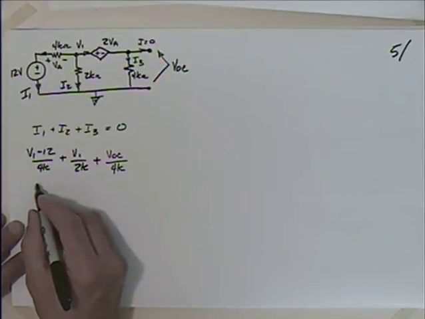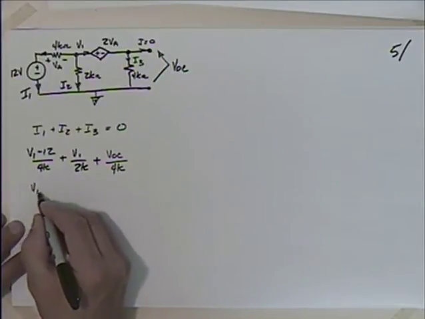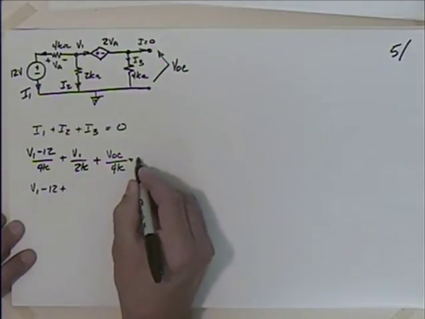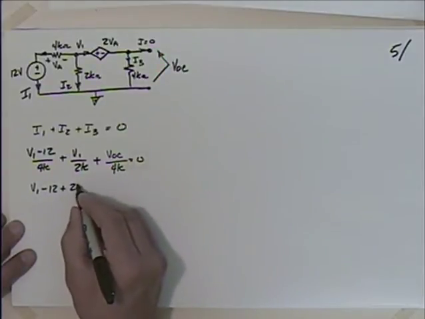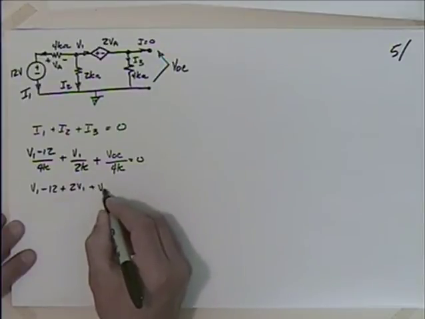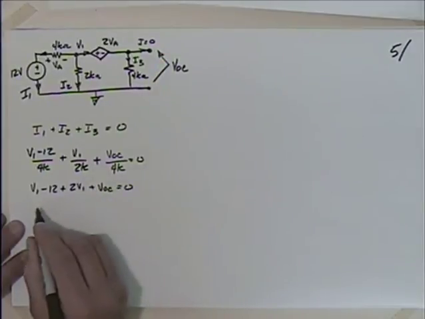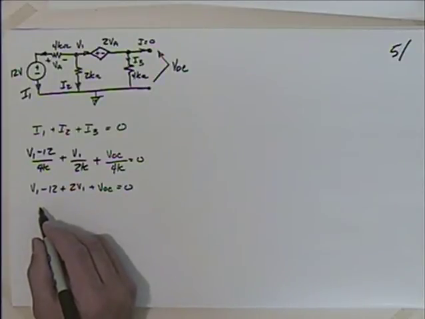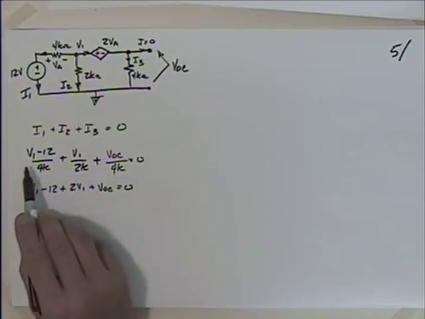So I would have V1 minus 12 plus 2V1 plus V open circuit is equal to 0. And I get then that, making sure I do this right.